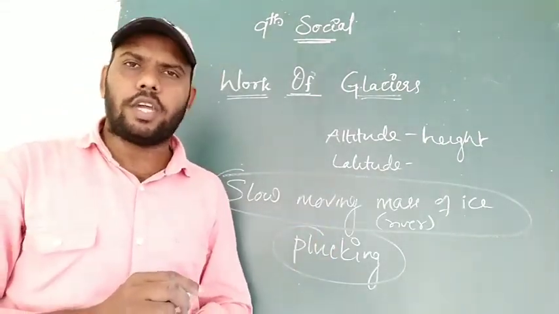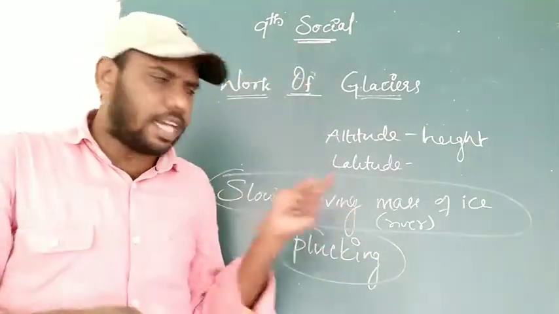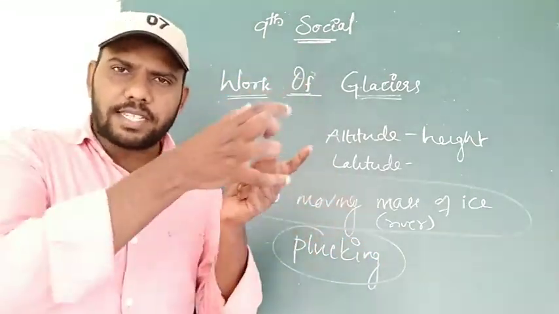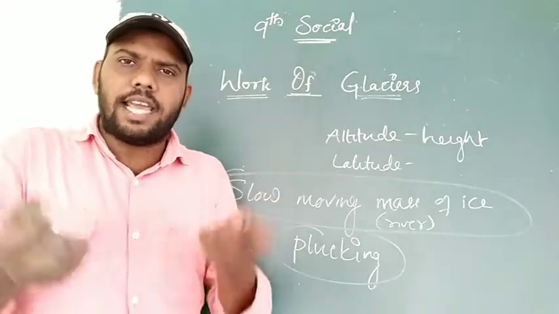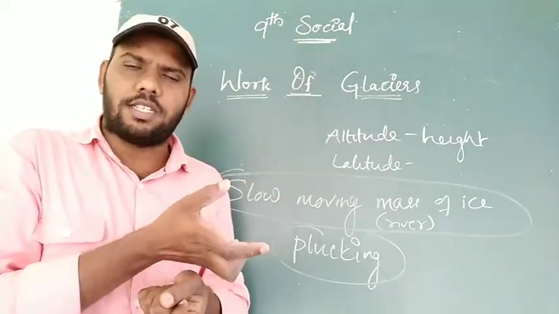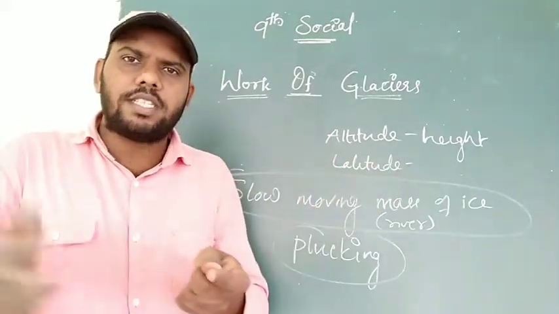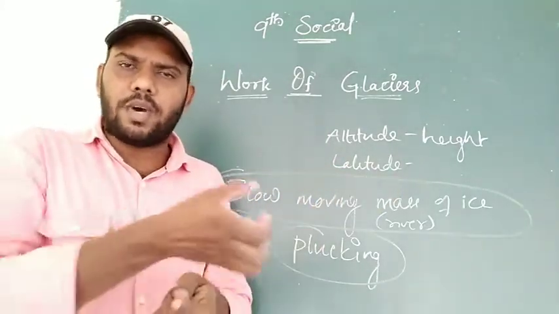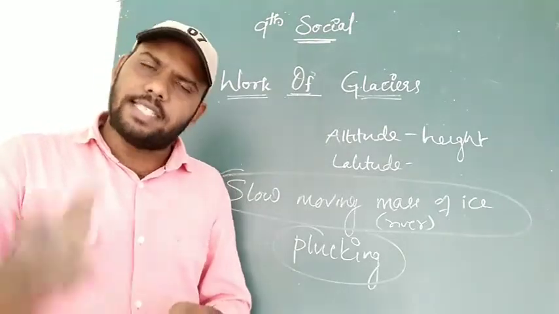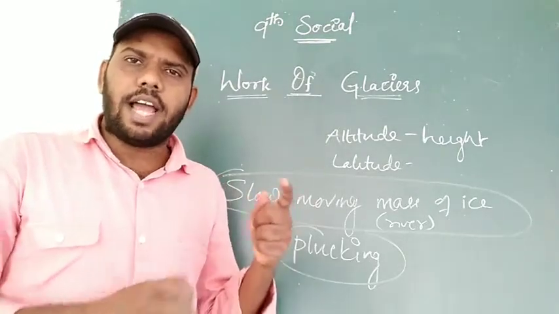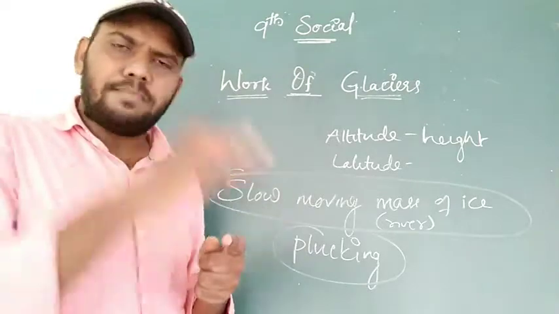Got it, children? Okay, so when the glacier comes down with the help of the process of plucking, it is the same as the river water. We know that when a river comes down, it picks up all the rocks, debris, whatever materials are in the surroundings. The same, but the river has a very high speed, and the glacier does not have that much speed.